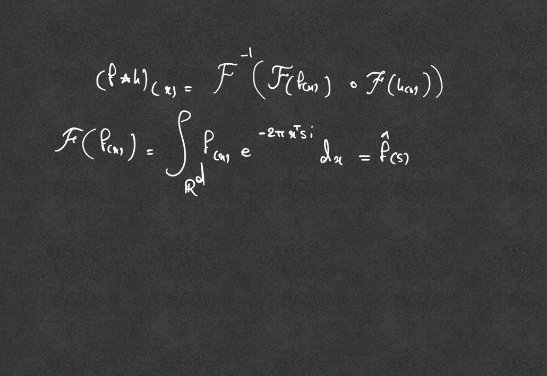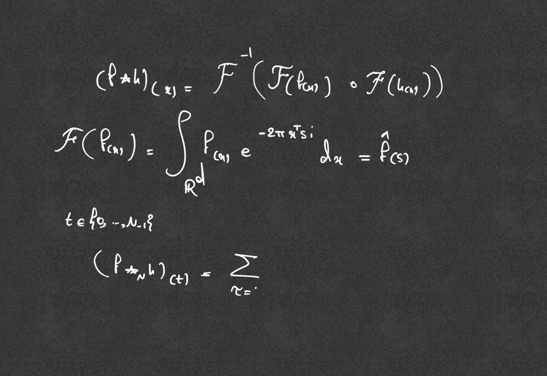In the case of discrete data, where you have a finite domain of t being 0 to n minus 1, you have this circular notion. This is called a discrete circular convolution, by the way.